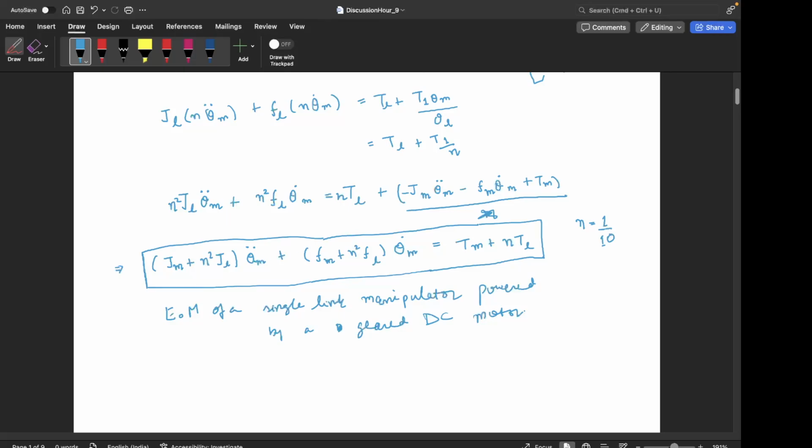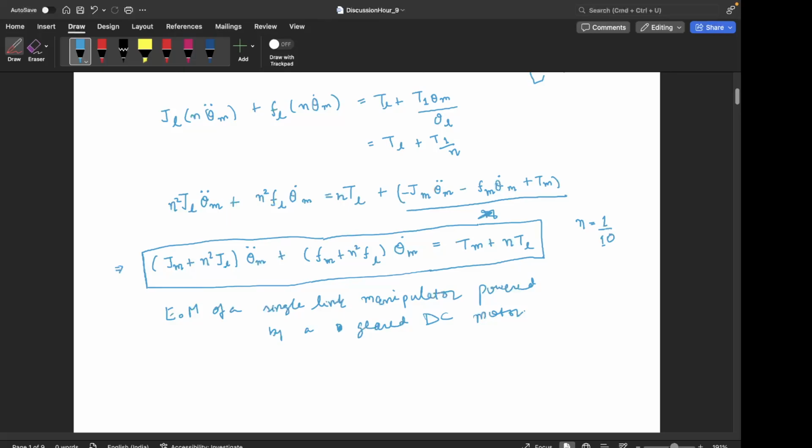And similarly, other effects of the load side are also diminished by the factor of speed reduction. So here in this term you see that the reduction is proportional to n square, right?